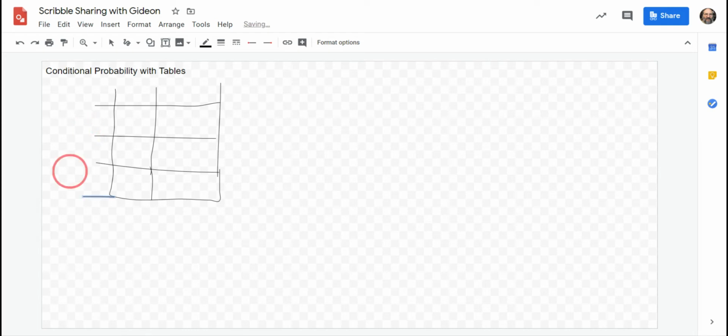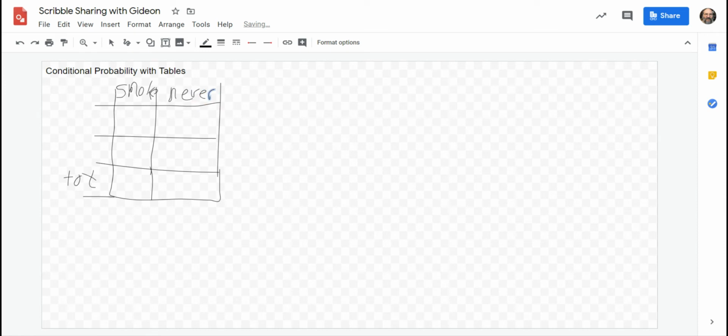Let's start with the total, and I'll make it smokers and non-smokers. So here's the people who smoke or smoked, and then here's the people who never did. It could be any two categories. It's just easier to talk about smokers, non-smokers.